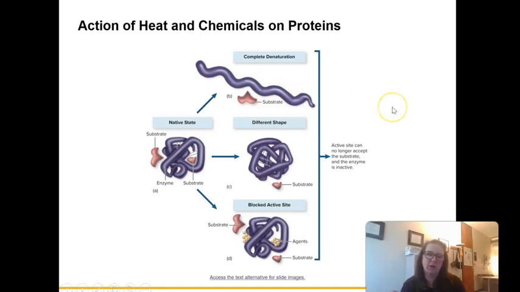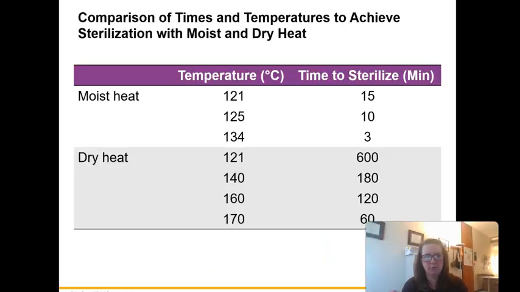And so that's what we call denaturation: essentially we are destroying the properties that it has, the active sites. So then it can no longer accept the substrate, and the enzyme is inactive. And so then it is going to essentially unfold and become just like a linear type of protein, which is changing its function.